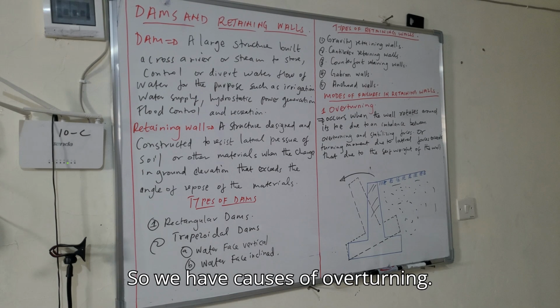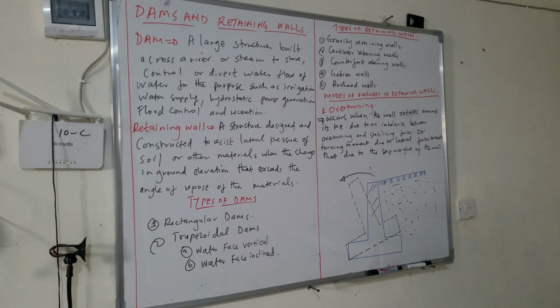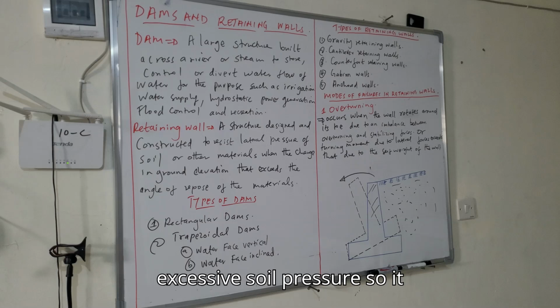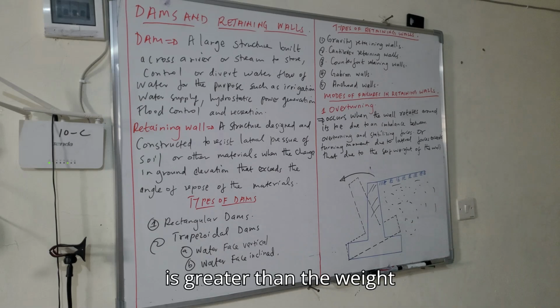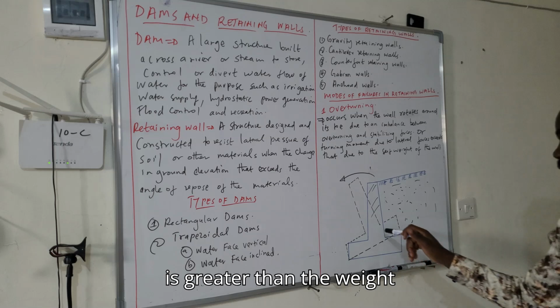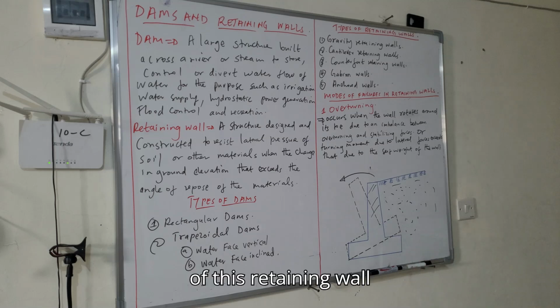So we have causes of overturning. Number one, we have excessive soil pressure. It means if the soil pressure behind this retaining wall is greater than the weight of this retaining wall, then the wall will overturn.